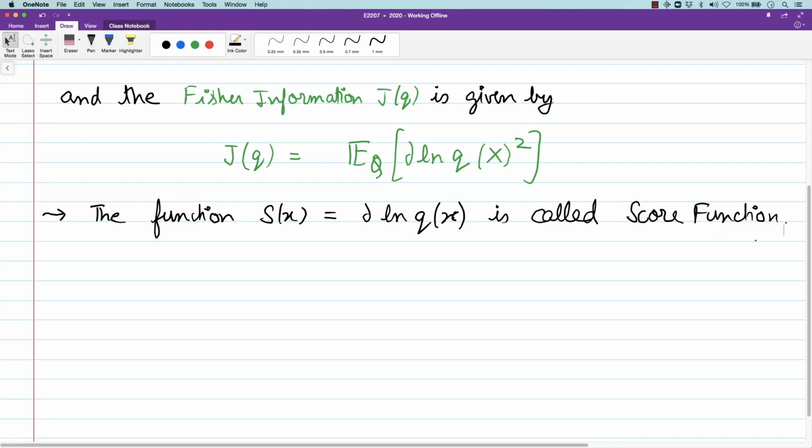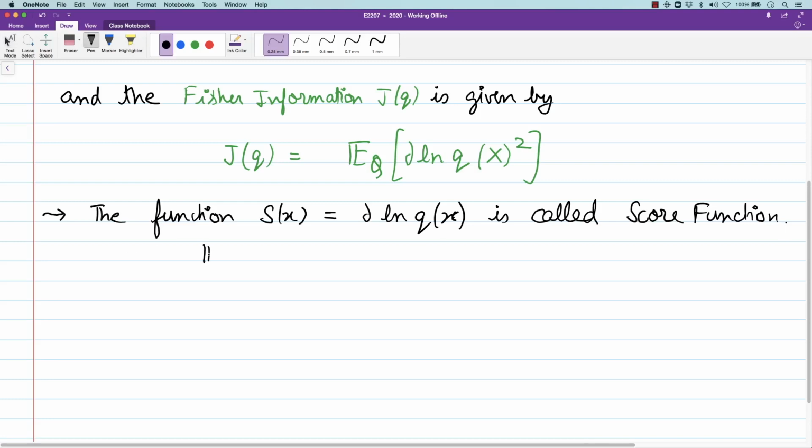Why is it called the score function? Because when you are computing likelihoods and looking for maximum likelihood estimates, you often set this derivative to 0, so you compute the score function and make it small. So this score function is used in maximum likelihood procedures, and from a theoretical perspective, it is used for analysis.